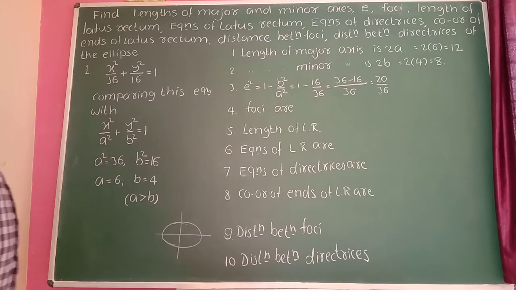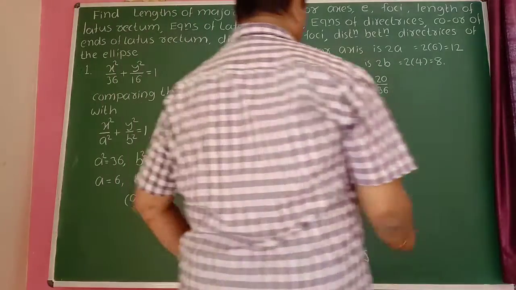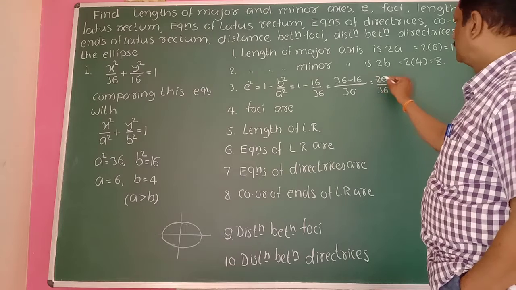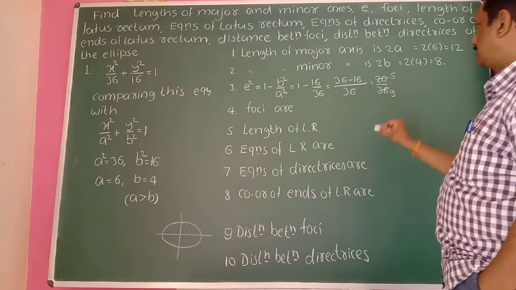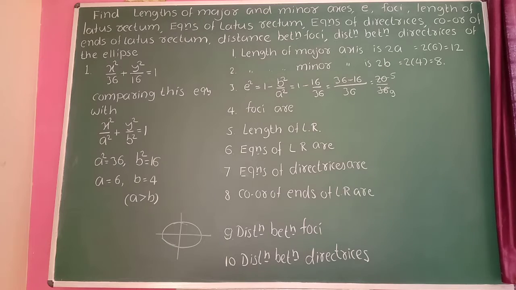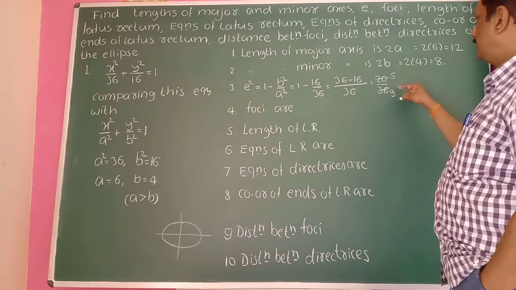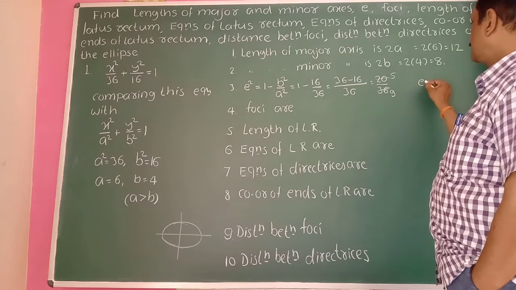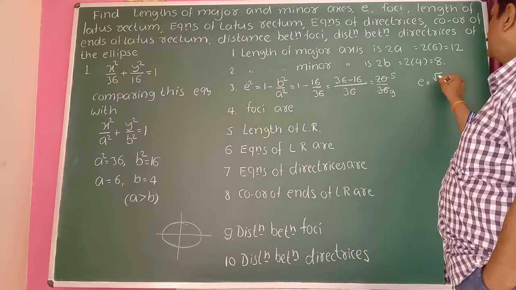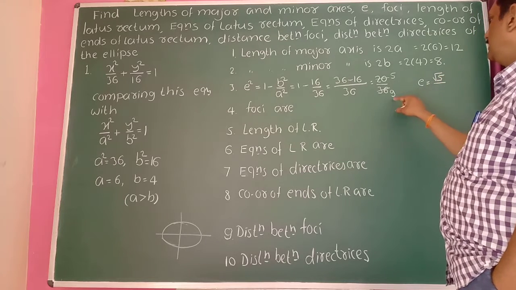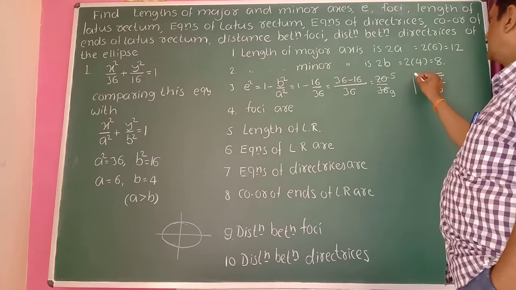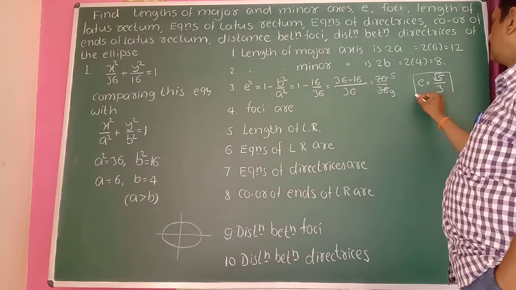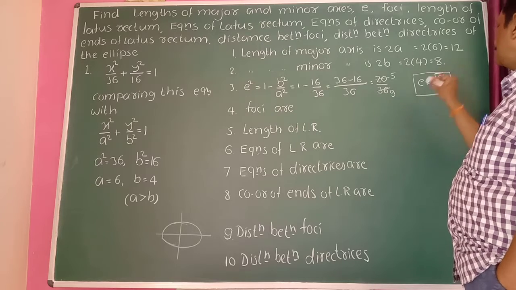Then you can divide by 4: 5 by 9. Therefore e square is 5 by 9, so e is equal to root 5 divided by square root of 9, which is 3. Therefore eccentricity is root 5 divided by 3.